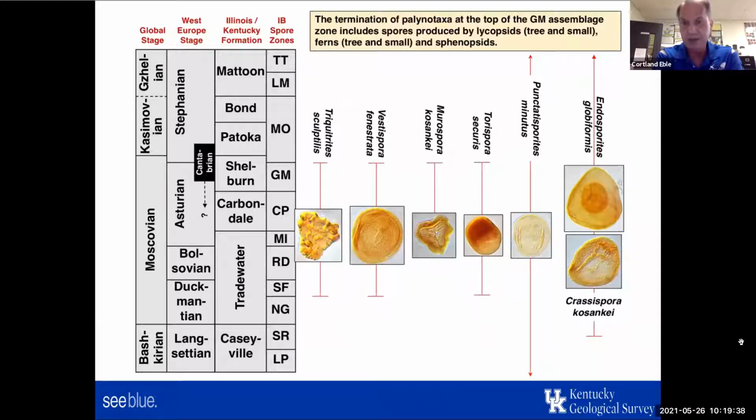Punctatisporites minutus keeps going, and it invades and becomes the dominant spore in the late Pennsylvanian. In the lycopods, we see the persistence of both Crassispora, which is Sigillaria, and Endosporites. So we always talk about the lycopod extinction at this level, but it affects other plant groups as well. Next slide, please.